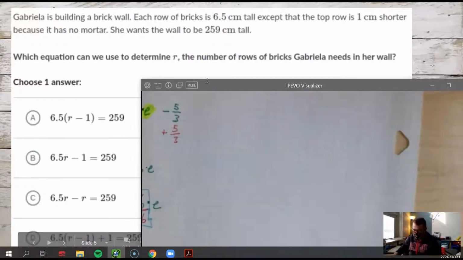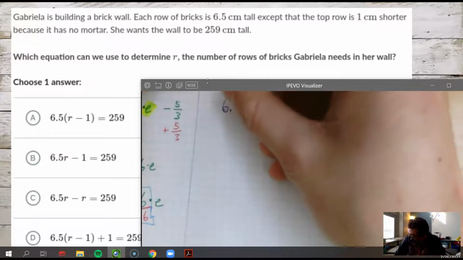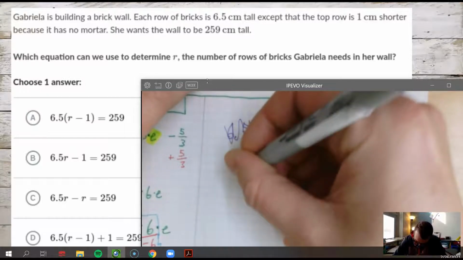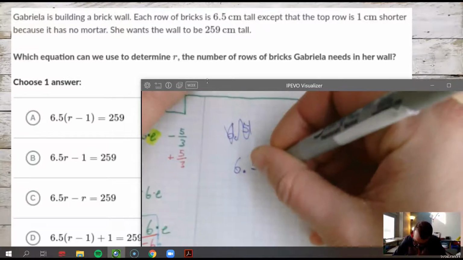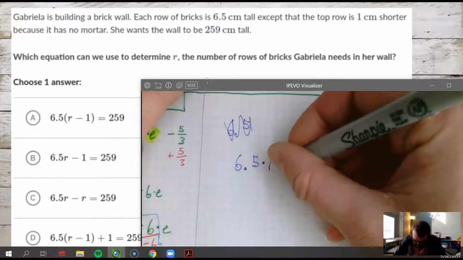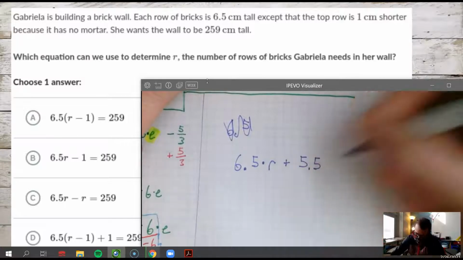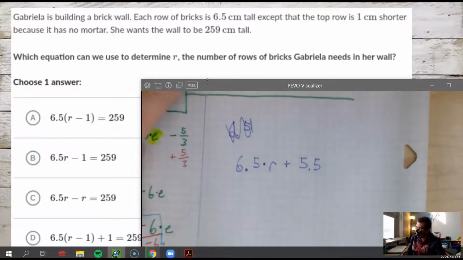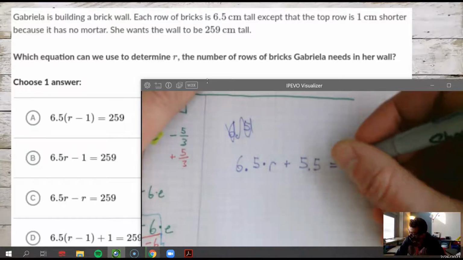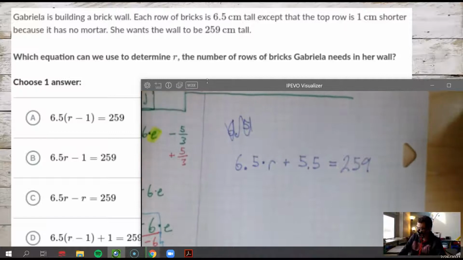So, what we know is we have 6.5 for every row of bricks we lay. Plus, the top row would be 5.5, right, because they said it's 1 centimeter shorter. And that will equal the whole height of the wall.